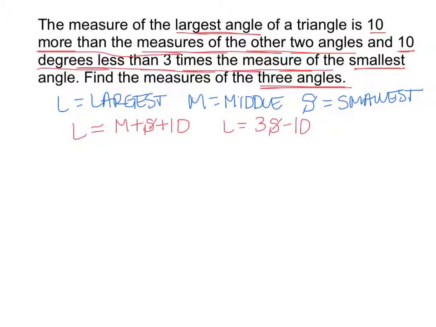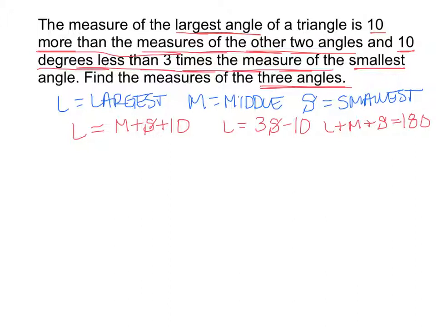And that's it. That's all I'm given. But I only have two equations. Okay, well, think about what you know about a triangle. The large angle plus the middle angle plus the smallest angle has to equal 180. So our third equation comes from that. Large plus medium plus small equals 180. And those are my three equations.